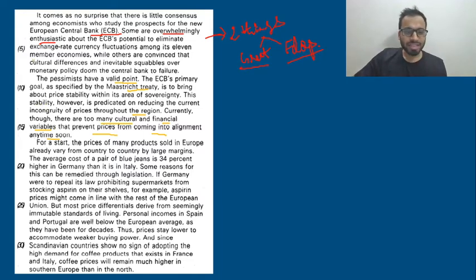Now, what are they saying? The author is saying pessimists have a valid point. So now, even the author thinks that it could be flop, right? And then he or she develops on it further, saying that it is impossible to keep prices same. There are too many variables, and countries are very different.